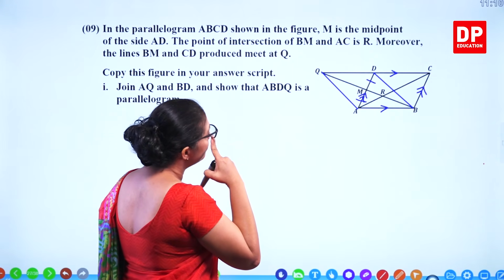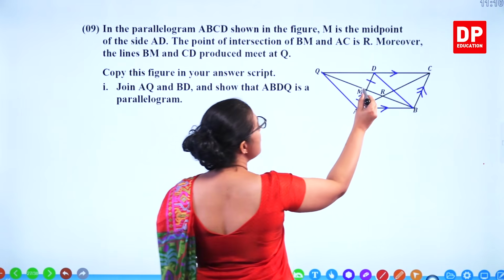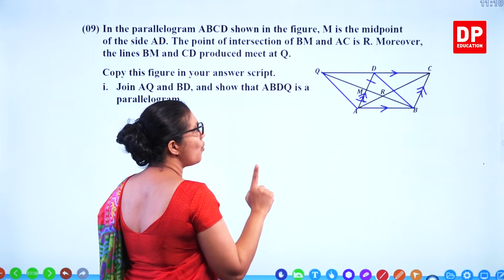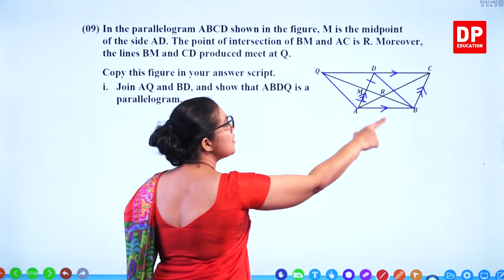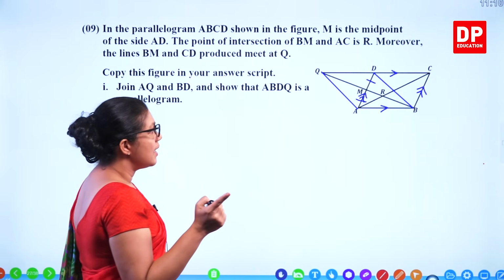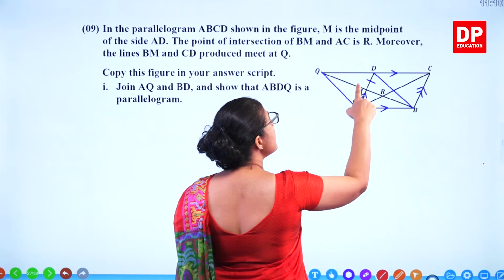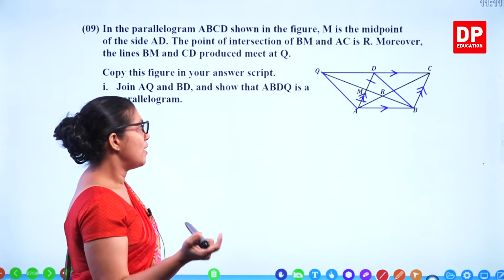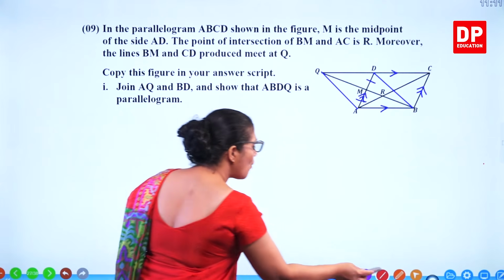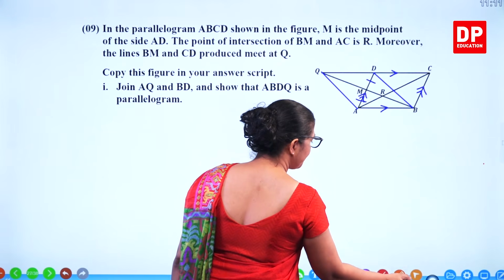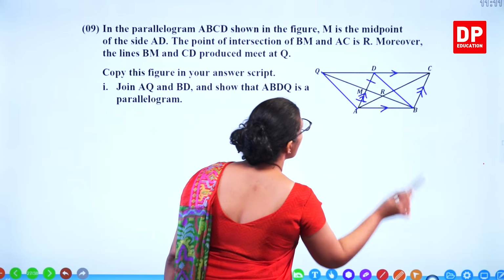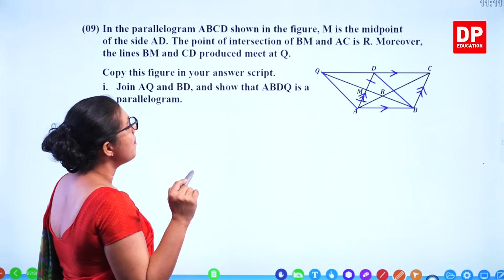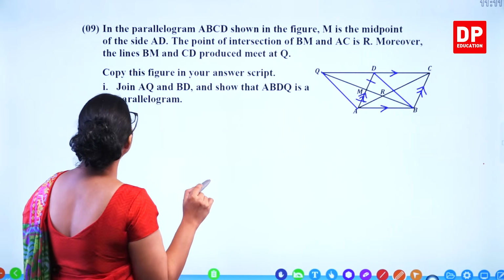Now we know this is the midpoint. So these two lengths are equal. If we can show QM is equal to MB, the diagonals bisect each other if it's a parallelogram. So if we can show QM is equal to MB, then ABDQ is a parallelogram. So we'll try to do that.